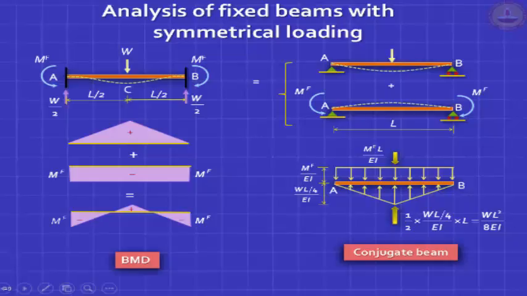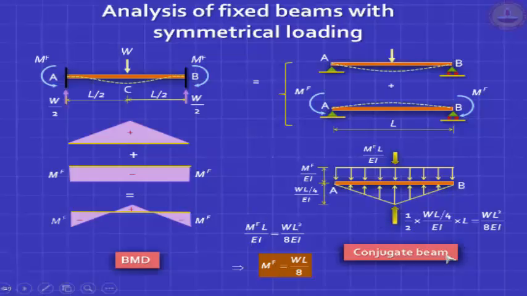Equate those two and they must have exactly the same line of action. You've got a formula. You've cracked the problem. It's no longer statically indeterminate, it becomes determinate. MF is WL by 8. Okay. MF is WL by 8.